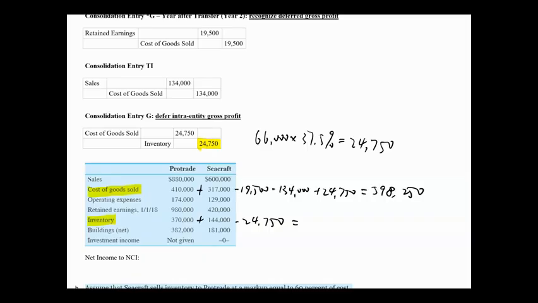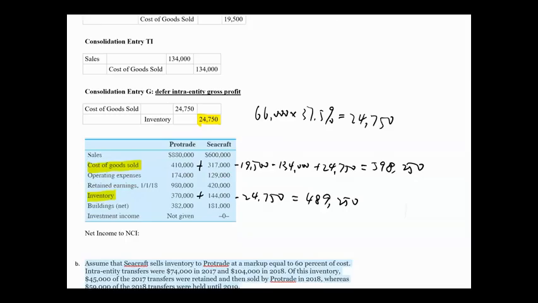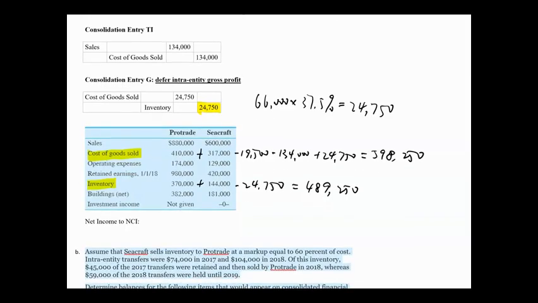That's the only entry that involves inventory, which means we only need to make this one adjustment. So the inventory ending balance would be 489,250. The last one is what the net income attributable to the non-controlling interest is going to be.